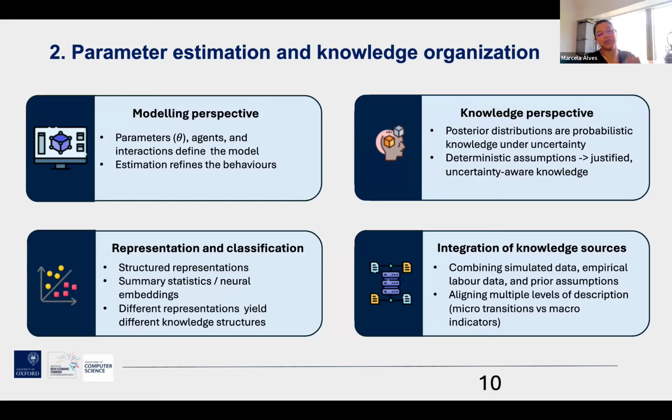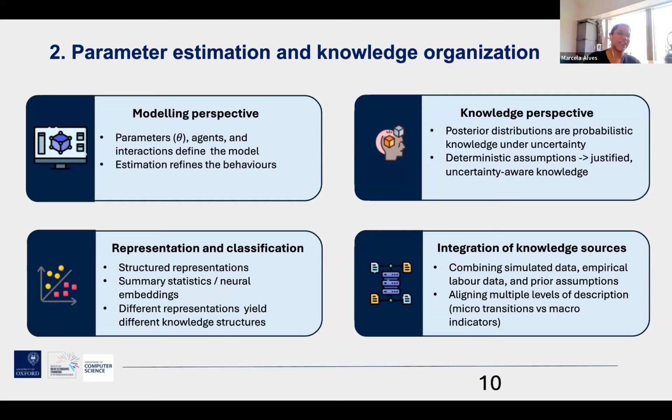This is why in this research I am doing, we go through the path of neural networks. We create an embedding of information in a neural network, hoping that with this technology, with this algorithm, we can do a better dimensionality reduction of the data. And of course, different representations of data will yield different knowledge structures.